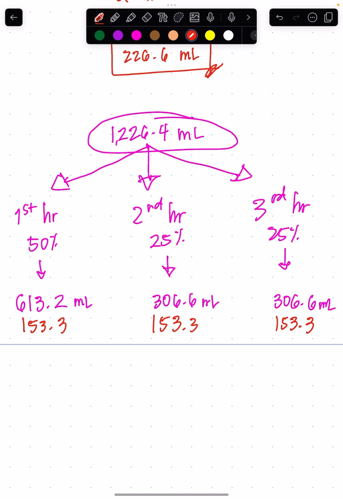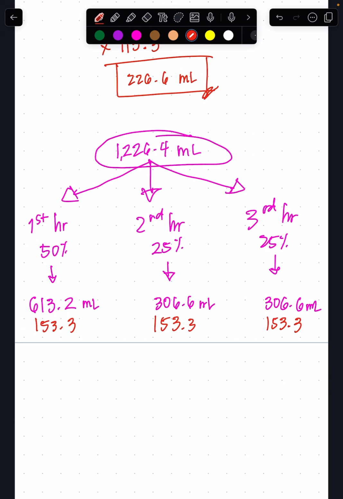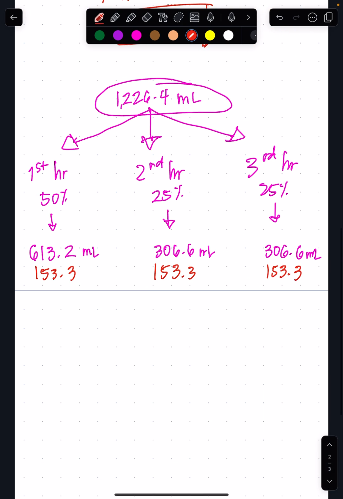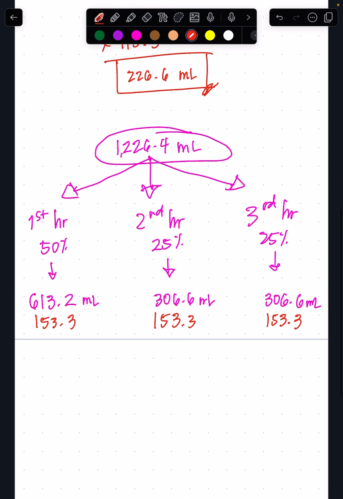This 153.3 ml an hour is gonna go until the end of surgery. But the fluid deficit calculation is just for the first 3 hours, okay?